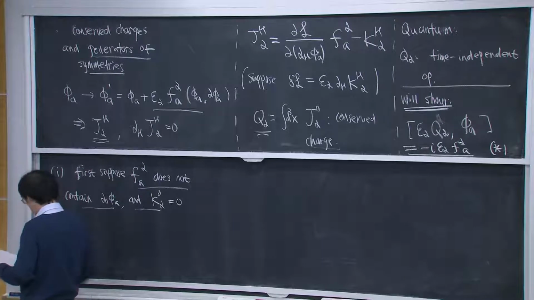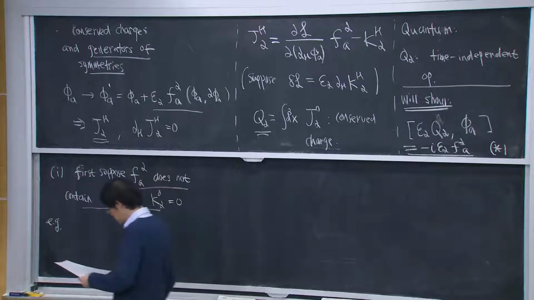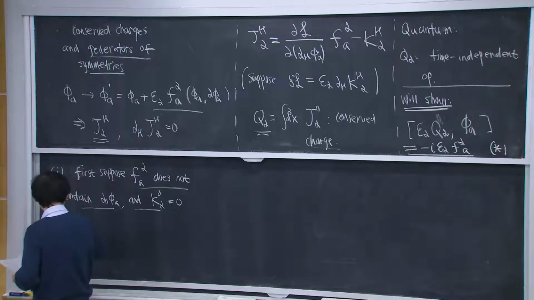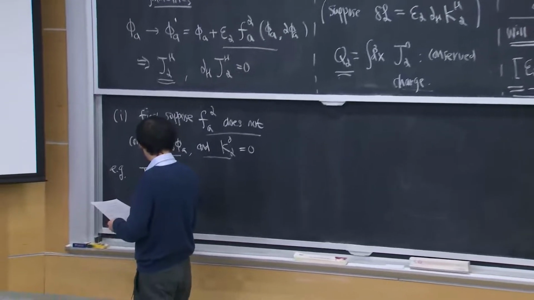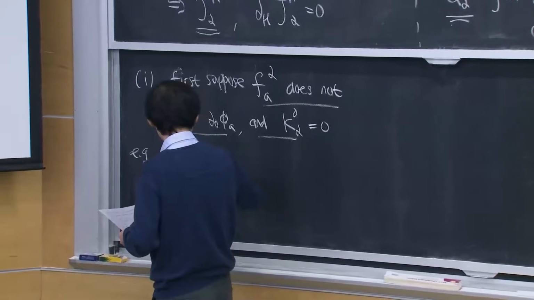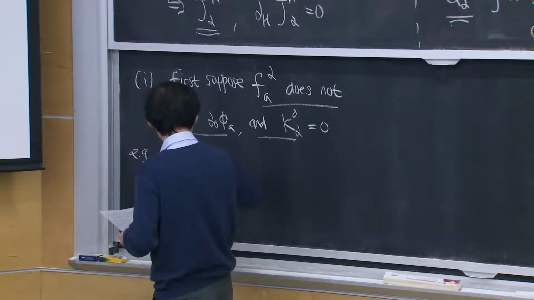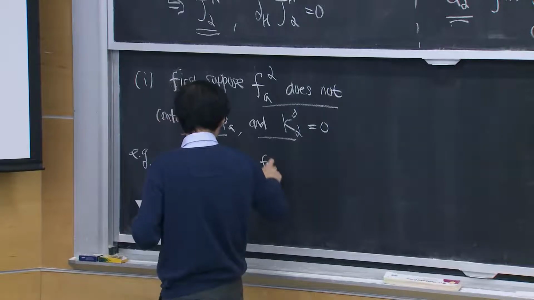For example, if you look at the translation symmetry which gives rise to the stress tensor, this applies to the case T mu I. This is the conserved current corresponding to spatial translations.